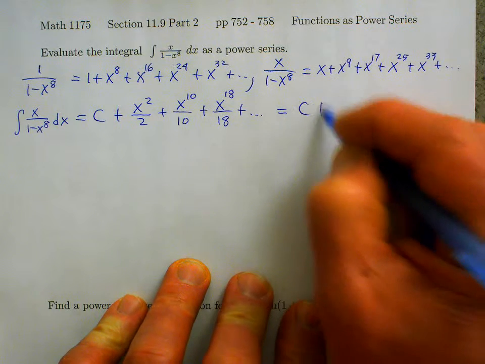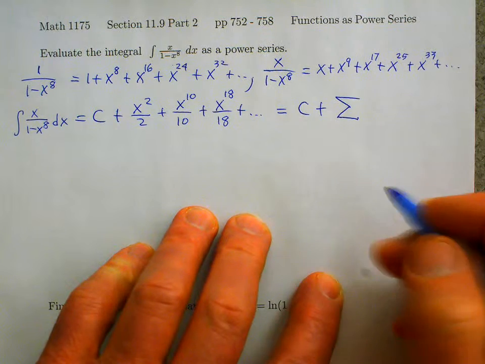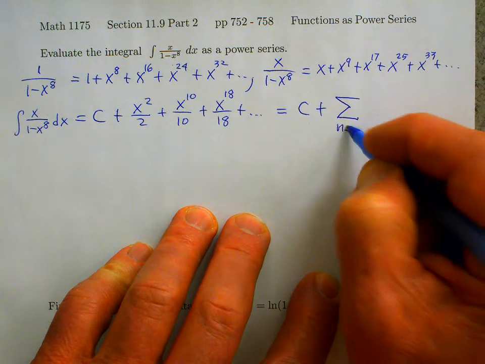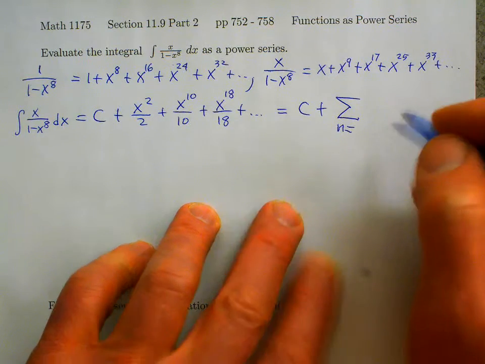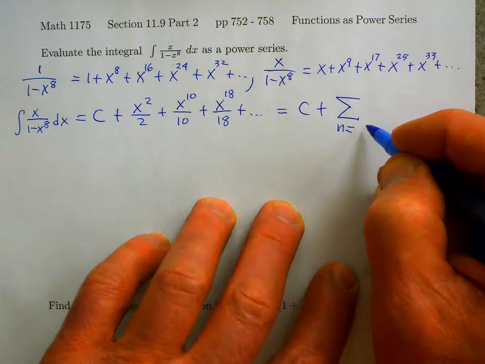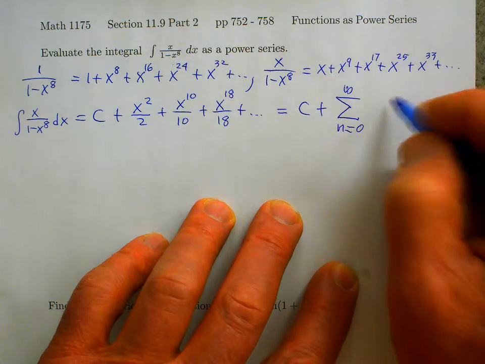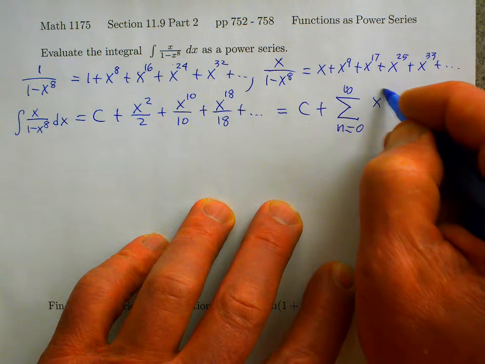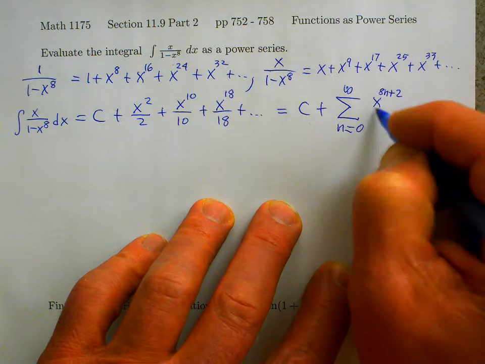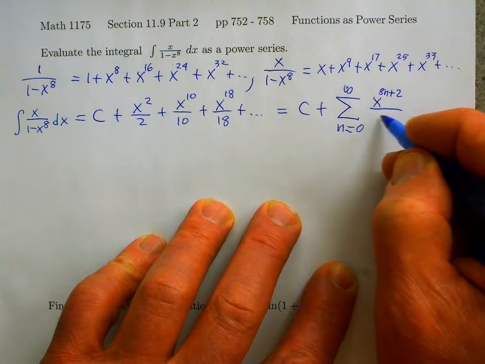So c plus the power series, so x to the 8n plus 2 over 8n plus 2.